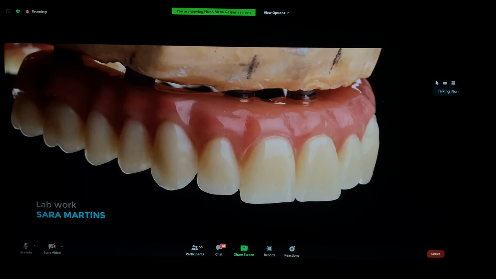So if I have enough bone available, sometimes I will get it. Otherwise I have to deliver a 10-teeth prosthesis, like in this one.